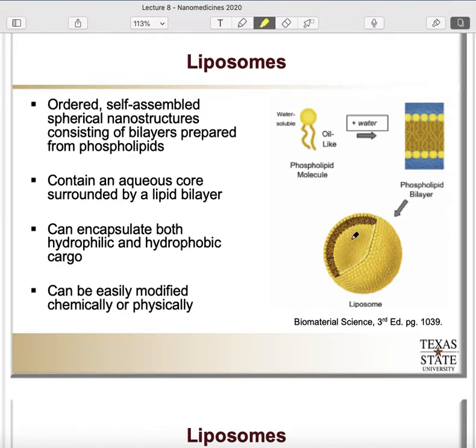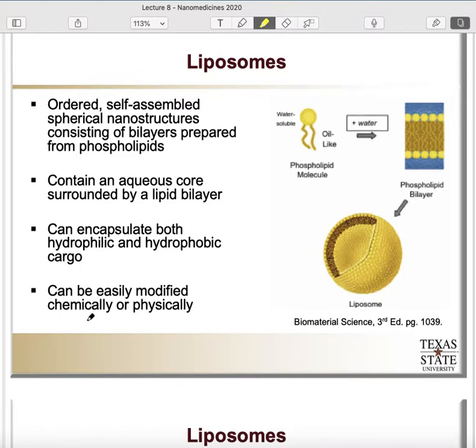It's going to have an aqueous environment inside, which, as I mentioned, would enable you to encapsulate a hydrophilic molecule in this inner region. And you could also load a hydrophobic molecule within the very organic and very hydrophobic bilayer right here, where you have basically the tails of that phospholipid together. So that's what it was here.